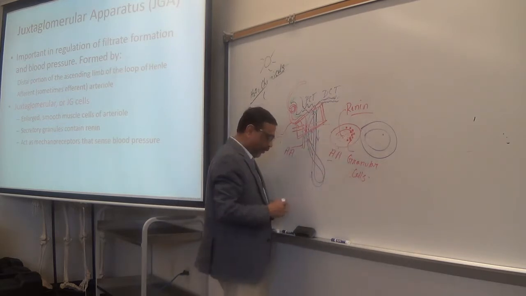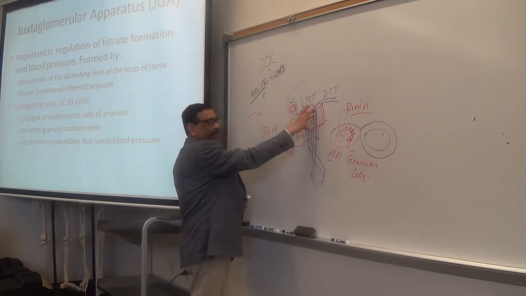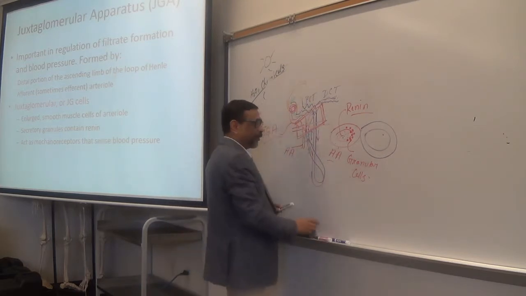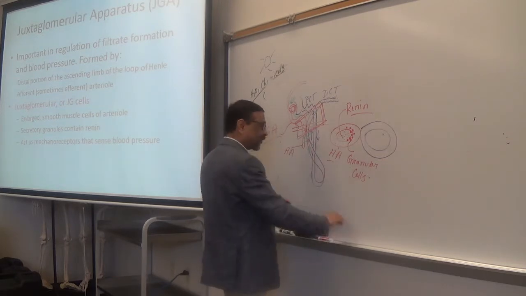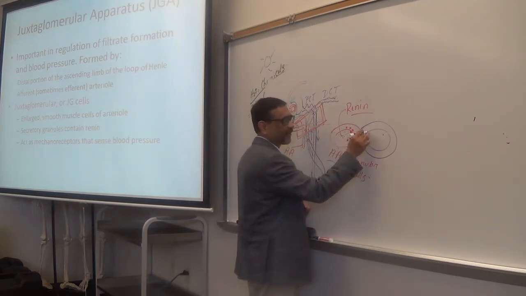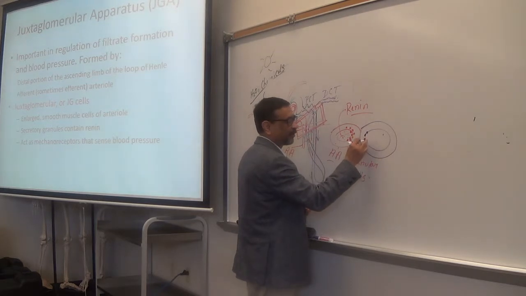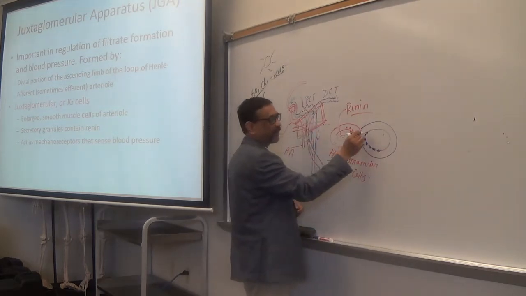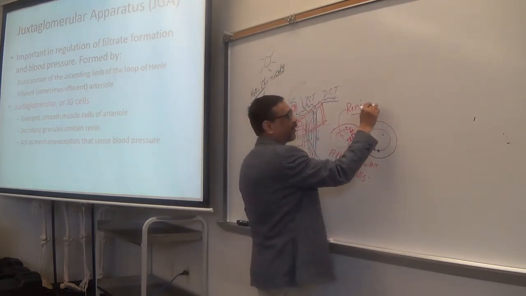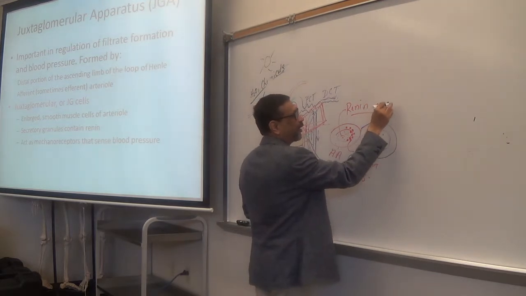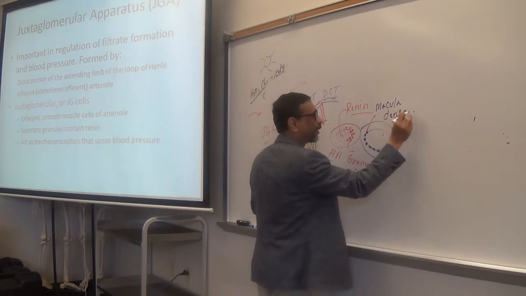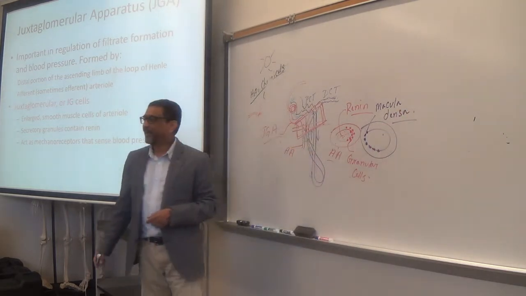And in the wall of this end part or distal part of ascending limb of loop of Henle, you have cells that are sensitive to the flow of fluid or urine inside the nephron. Okay? These cells are called macula densa, in the wall of ascending limb.